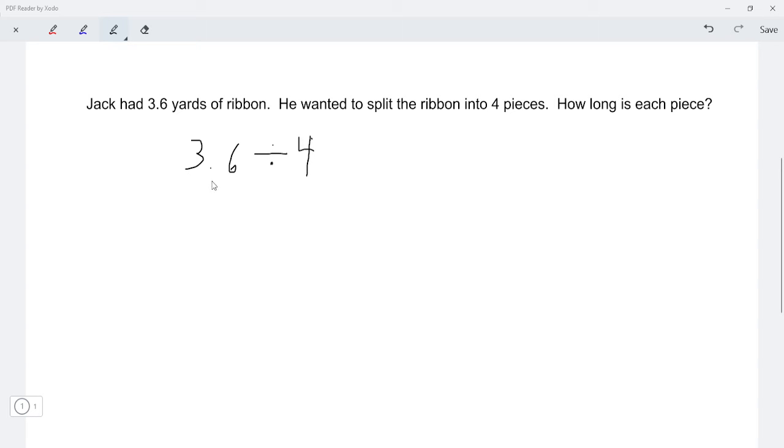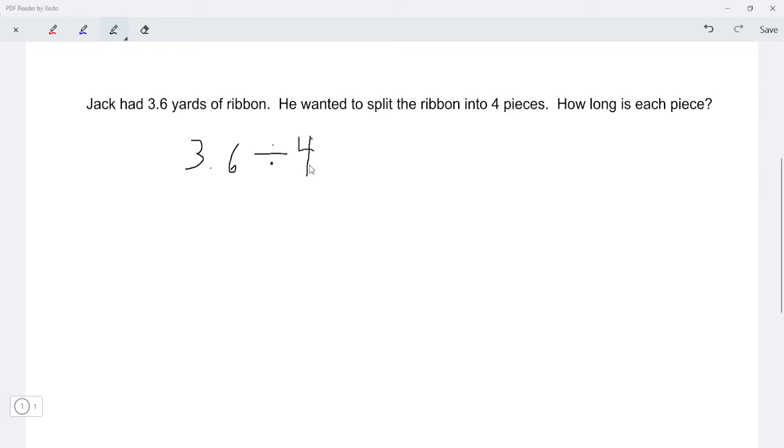So that is the easiest way to figure out the order of the division problem. So what we have, which is 3 and 6/10 yards of ribbon, and then what it's divided by, or how many pieces it's gonna get split up into, and that is 4.